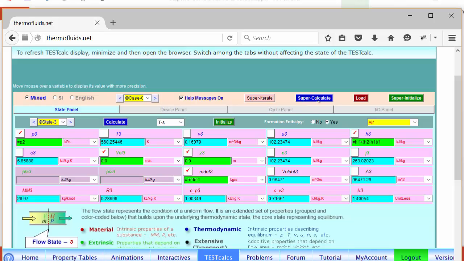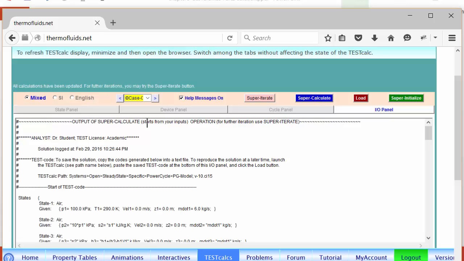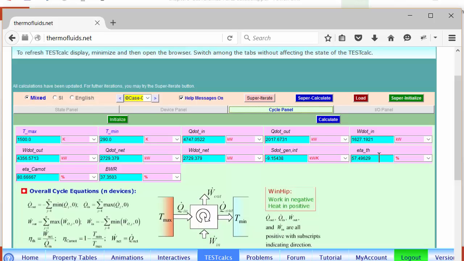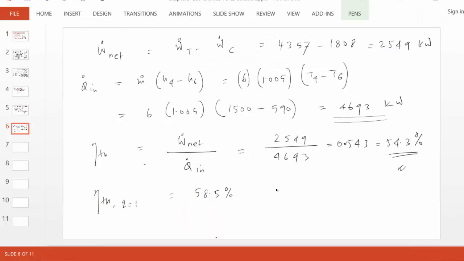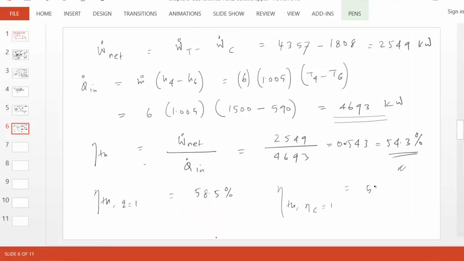Now if we do a super calculate, let's see how much it impacts the cycle: 57.5%. So look, 57.5%. Efficiency of the regenerator matters, efficiency of the compressor matters.